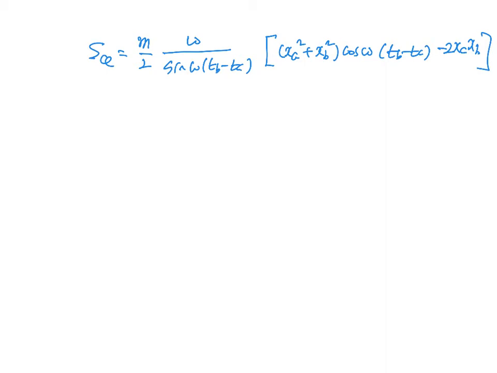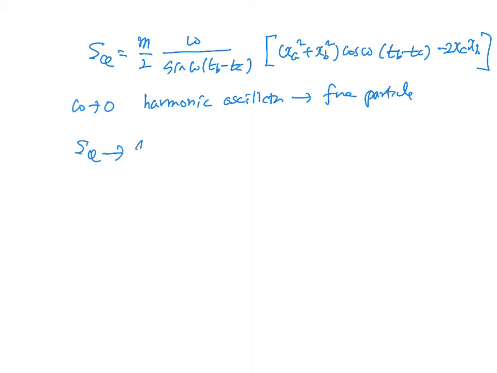We can take into account the limit when omega goes to 0, then the harmonic oscillator becomes a free particle. We can see that this becomes m over 2 times omega (tb minus ta) over sine omega (tb minus ta) times 1 over (tb minus ta).